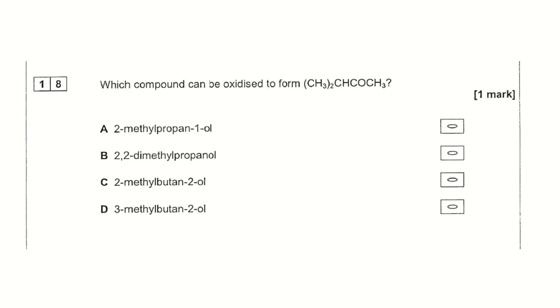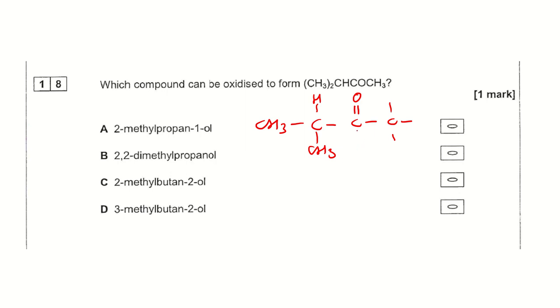Which compound can be oxidized to form the following? Right, well let's draw this out. So we have a CH with 2 CH3s on it. I always like to draw my CH3s at the end if I can. Then we have a C double O bond there and a CH3 there. So which compound could be oxidized to form that?